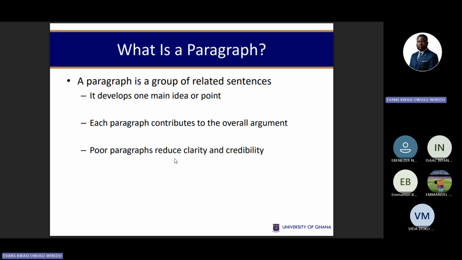Because of these things, we say that they are not clear. There is no clarity in the way the text or the paragraph is being presented. So technically we say it's not clear, there's no clarity, and then it doesn't have credibility. You get it?